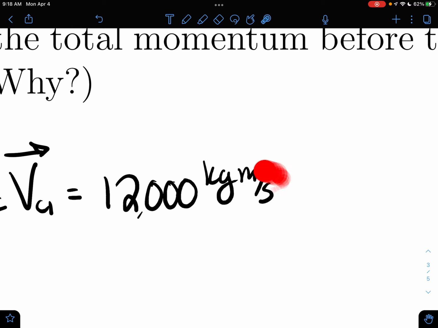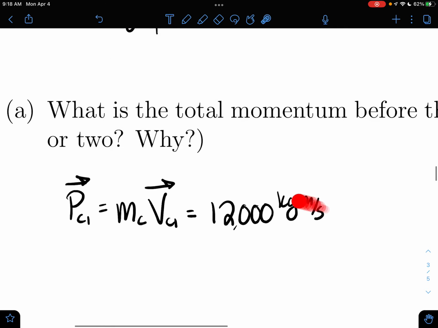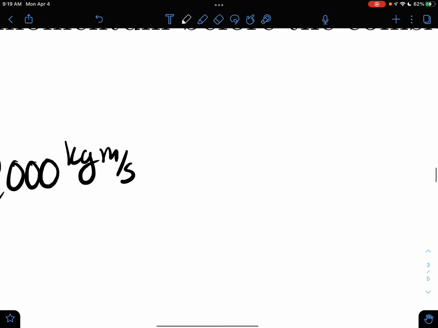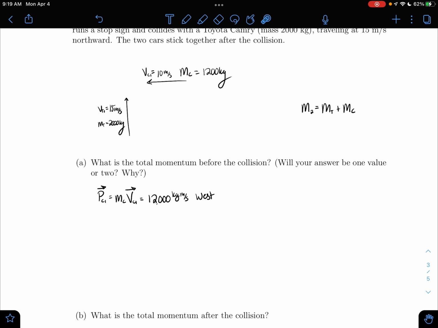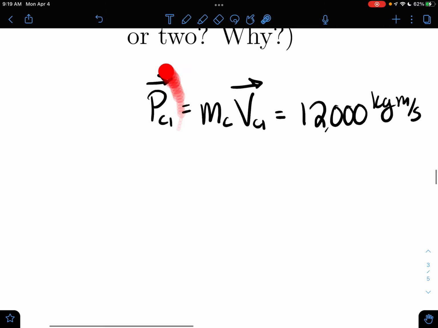That's our units for momentum. But right now, this is just a number, so we get to say that it's going west. Because again, our velocity is going west, therefore our momentum is going to be going the same direction. Our momentum is given the direction of the velocity, but multiplied by mass, the scalar, to change the magnitude of our velocity vector into the magnitude of our momentum vector.